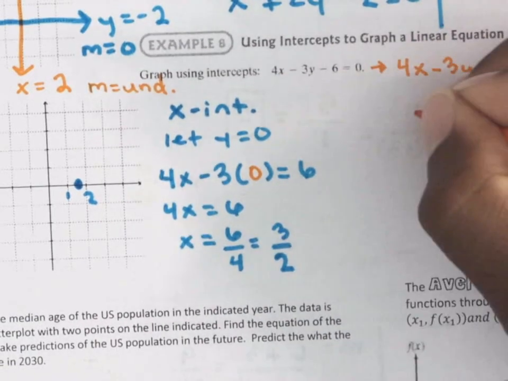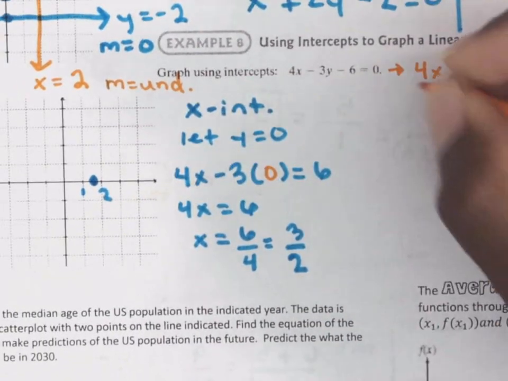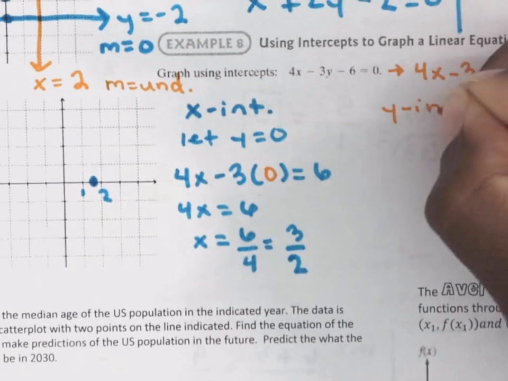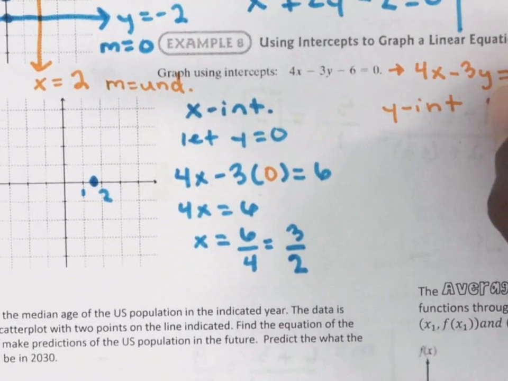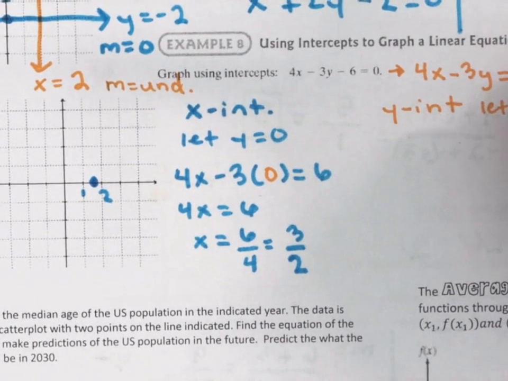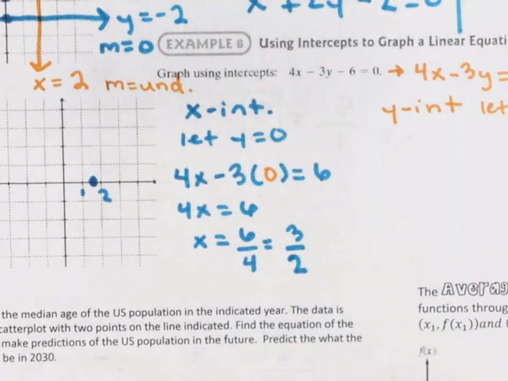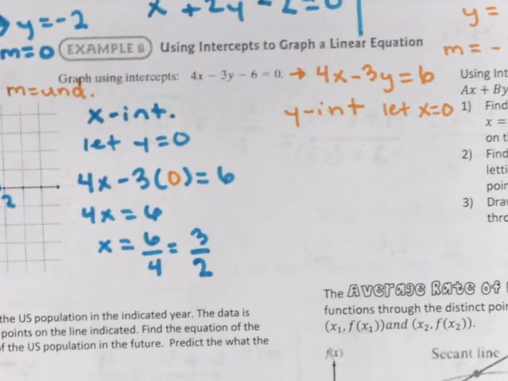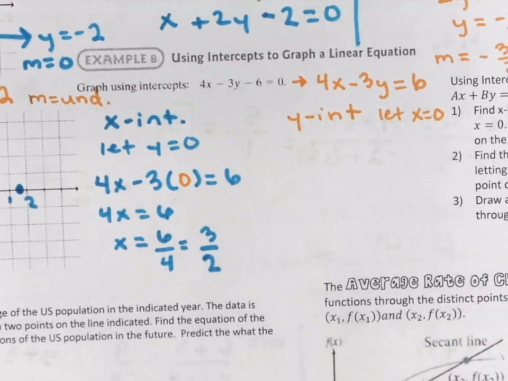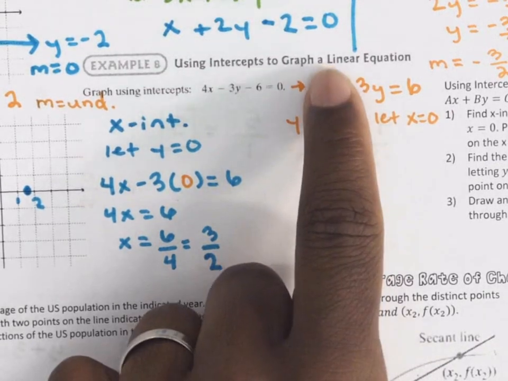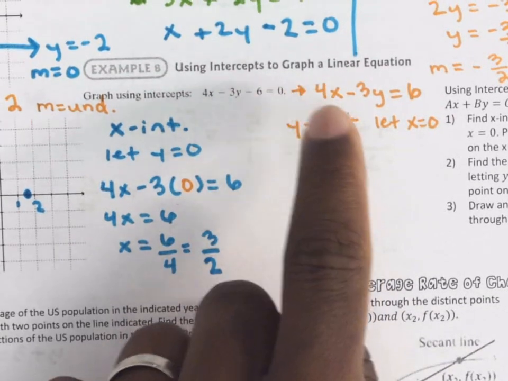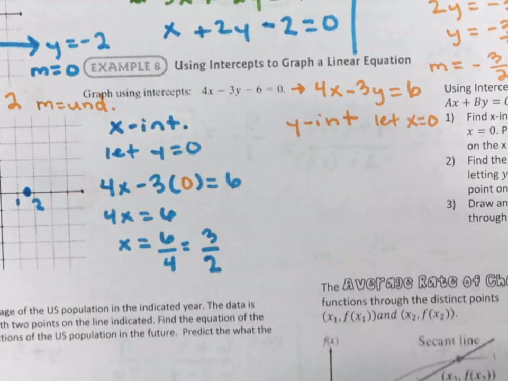Just need one more point and I should be able to graph this line. Let's do the y-intercept. What do you think we're going to let x equal? 0, because we're on the y-axis. So I won't even write this time because that's going to be 0, right? 4 times 0, 0.